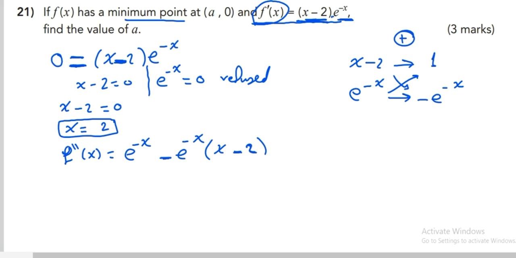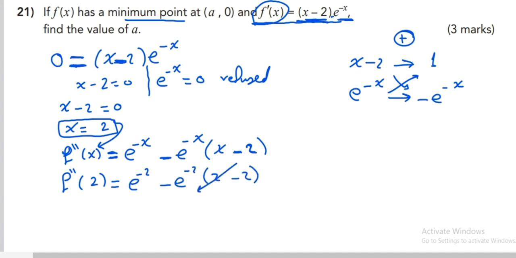Here we have to put the value of x in the second derivative. So f double dash of 2 equals e to the power negative 2 minus e to the power negative 2 multiply 2 minus 2. This part equals 0. So f double dash of 2 equals e to the power negative 2.